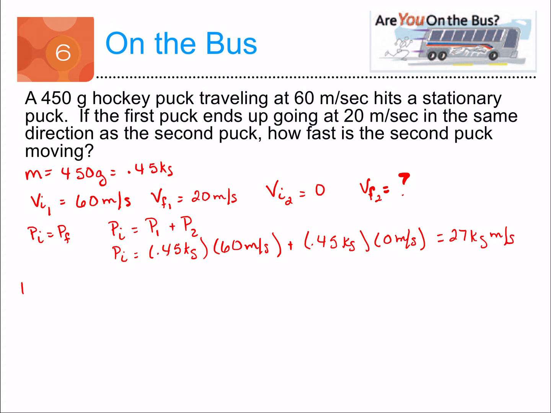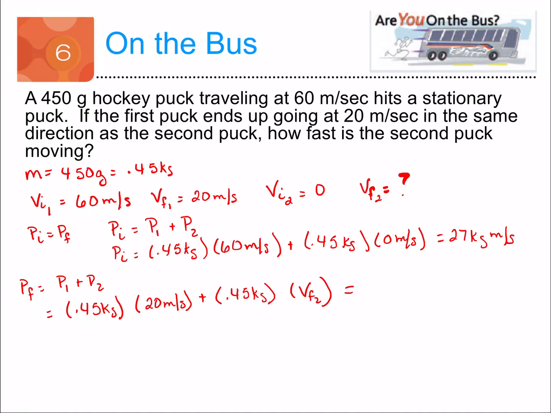Now our final momentum is going to be the final momentum of puck 1 plus the final momentum of puck 2. So our final momentum is going to be 0.45 kilograms times our final velocity of 20 meters per second, plus our mass of 0.45 kilograms, and we're solving for the final velocity of the second puck.